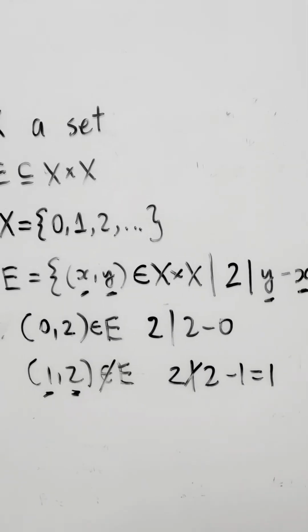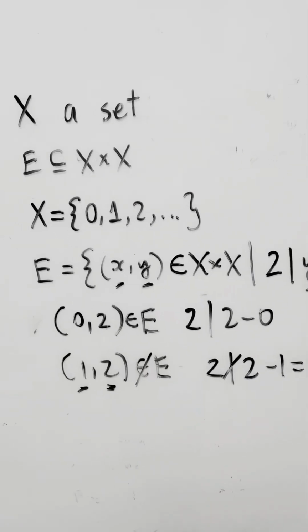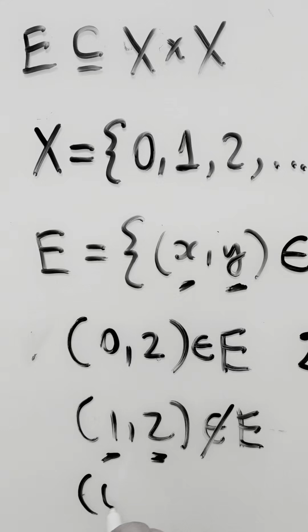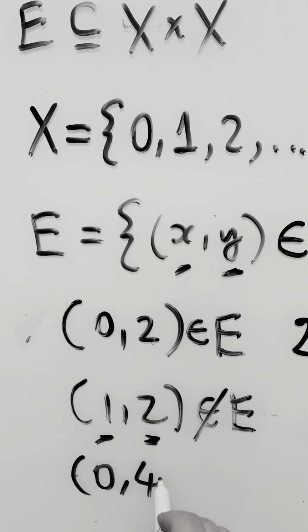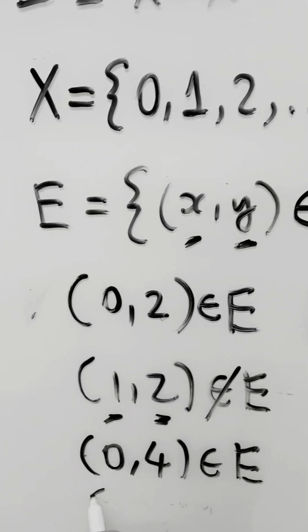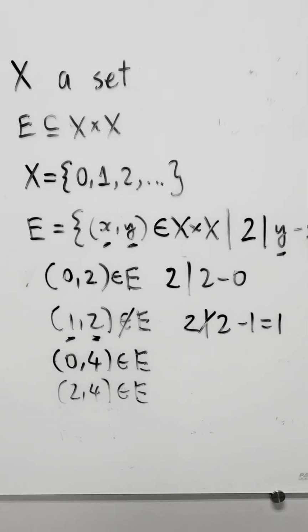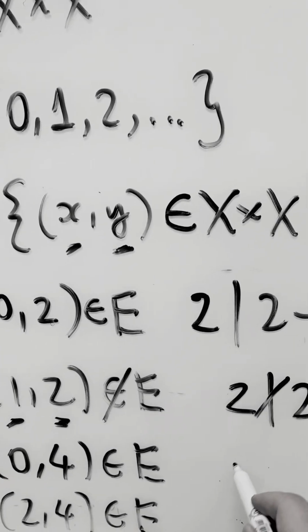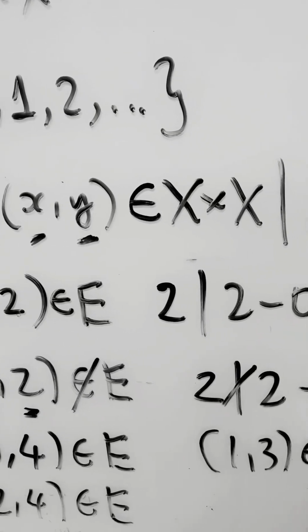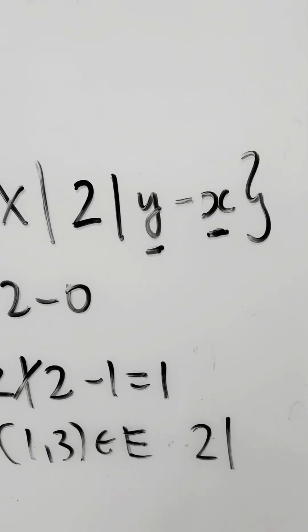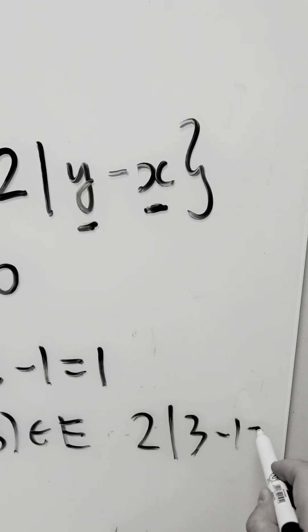So, 1, 2 is not in E. 0, 2 is in E, however, as we established. And of course, 0, 4 is also in E. 2, 4 is also in E. What about 1, 3? 1, 3 is in E because 2 does indeed divide 3 minus 1, which is 2.